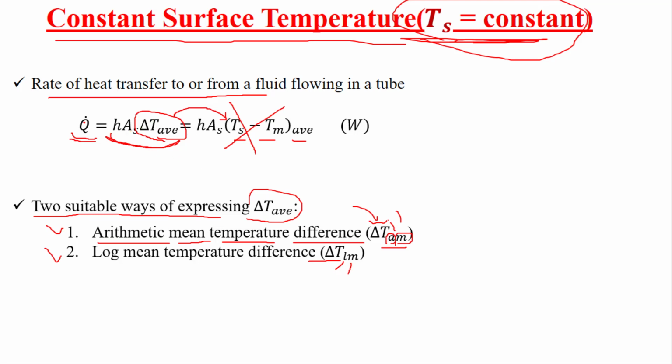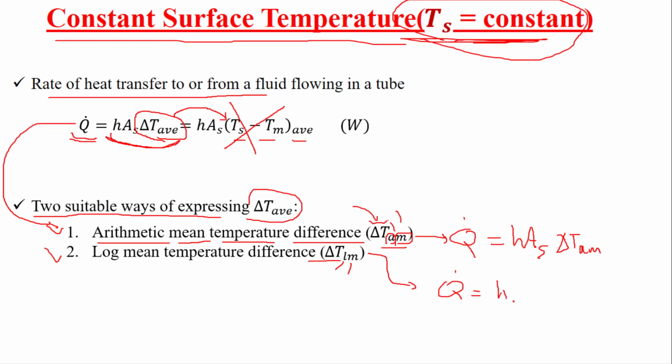So using the first, this equation becomes Q dot equal h multiplied by surface area multiplied by delta T arithmetic mean, and in the other scenario Q dot is equal to h As delta T log mean.